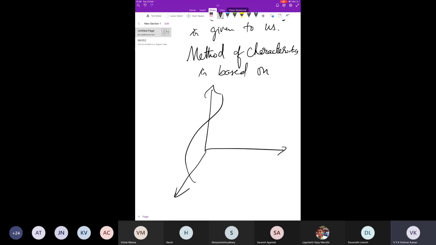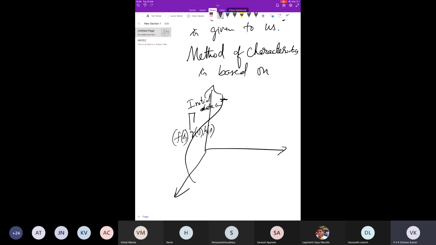So gamma is given to us. This is the initial data curve, given by f(s), g(s), h(s).